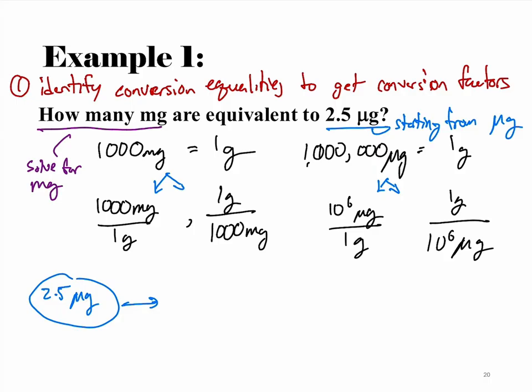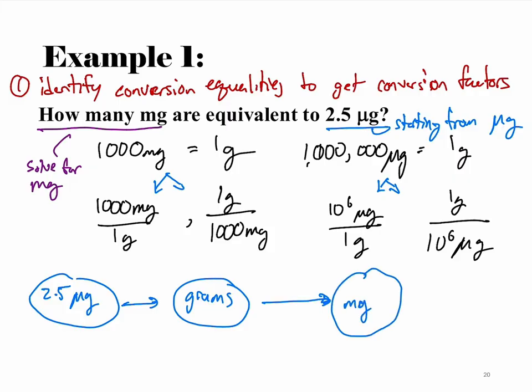What can we go to before we reach milligrams? What do both of these conversion factors have in common? Grams, right? So we'll first go to grams, and then from grams we can go to milligrams.